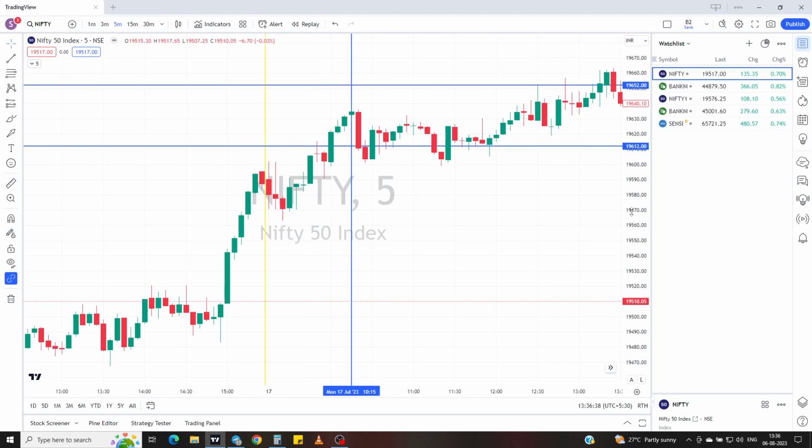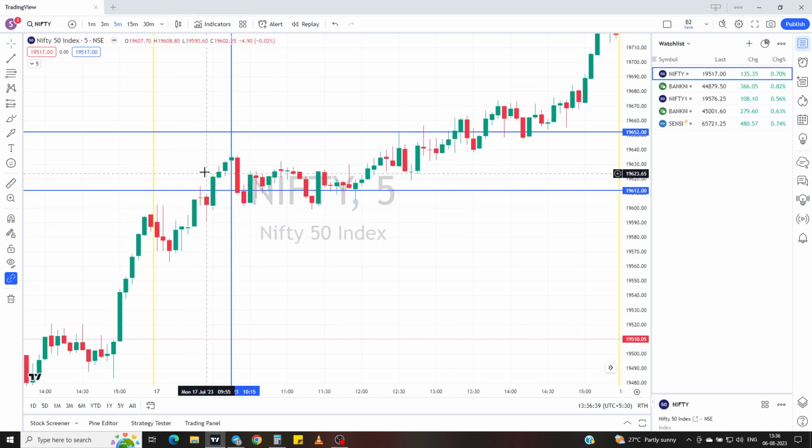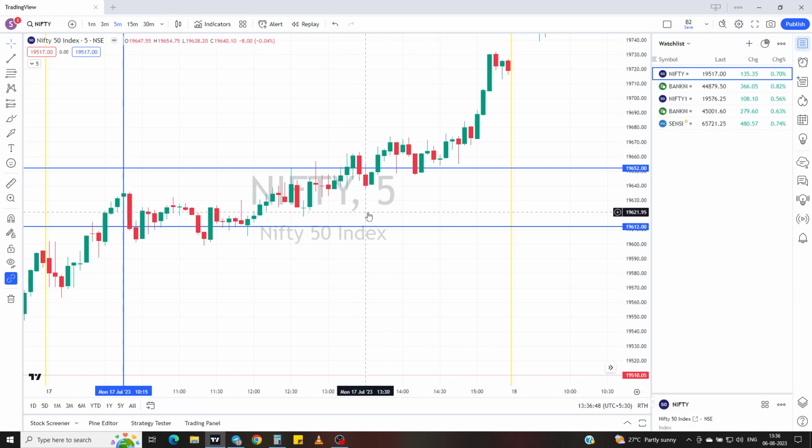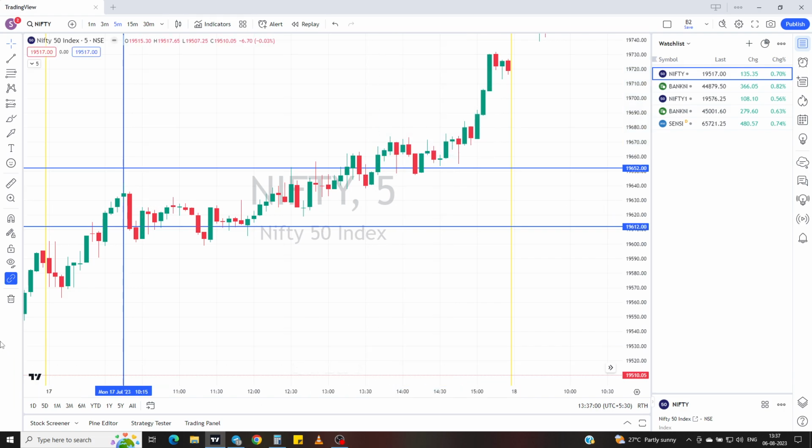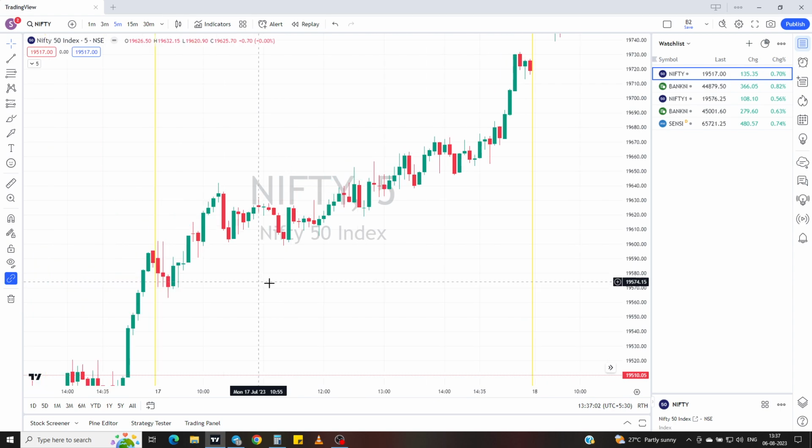So guys, you can see, here you would have taken an entry with a minimum stop loss, and again you could have waited for an upside entry. Once the breakout has happened, you could have gained around 67 points, that is somewhere around 70 points. So this is how the strategy works for Nifty.